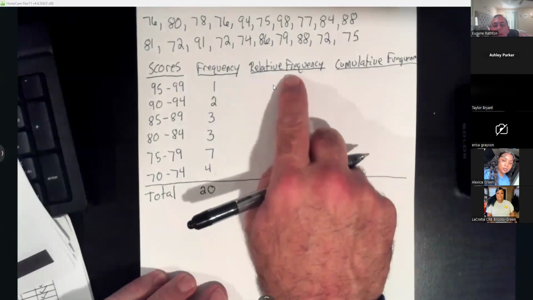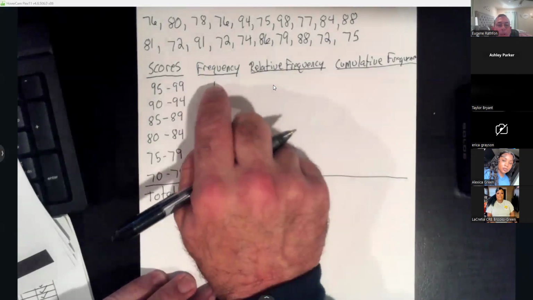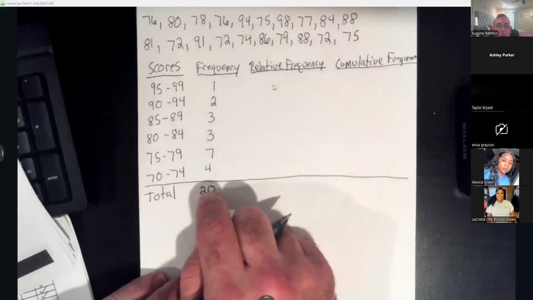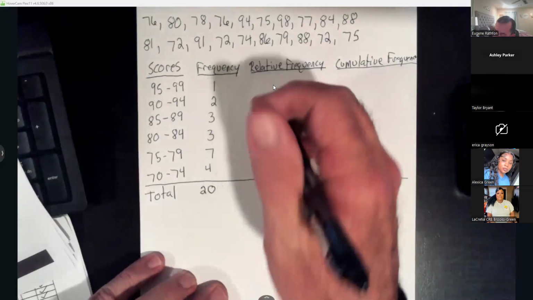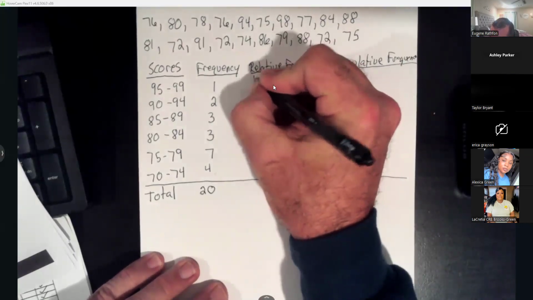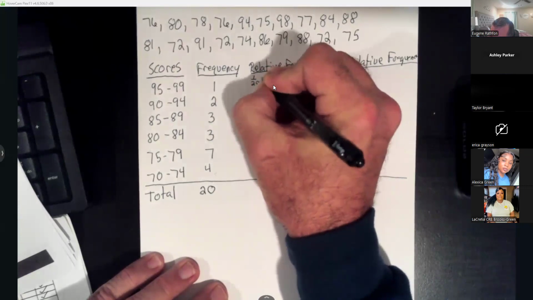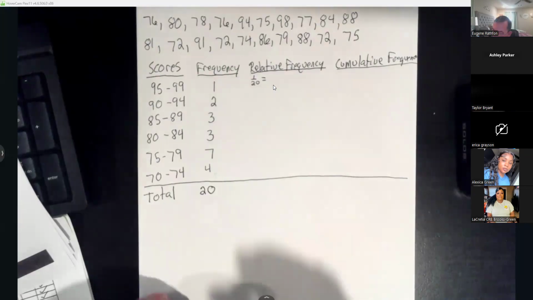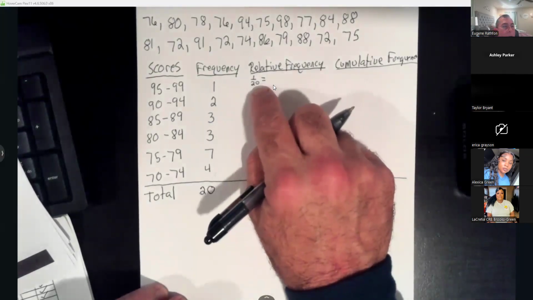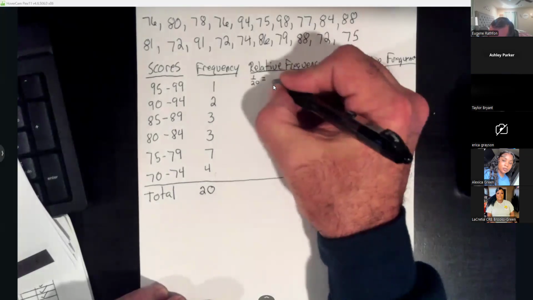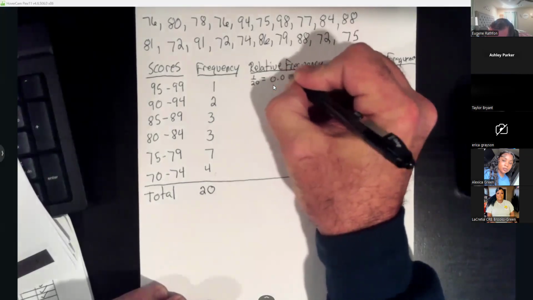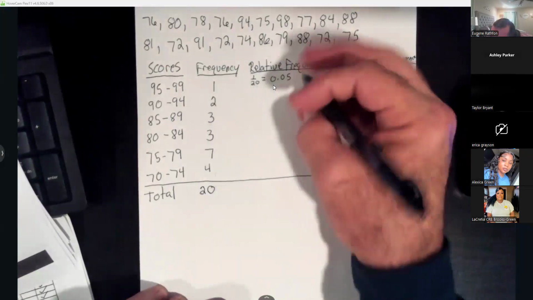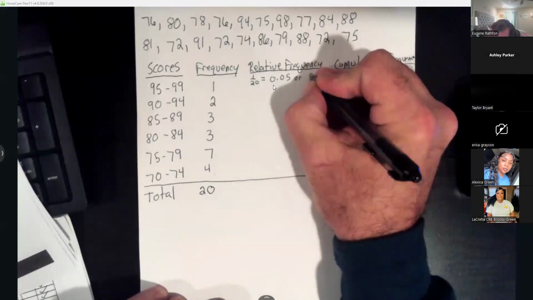Now, to figure out the relative frequency, we're going to take the frequency and divide by the total, which was 20. So for this one, to find that, we would figure out what 1 divided by 20 equals. So y'all, if we punch that on our calculator, 1 divided by 20 is a 0.05. Good job. So we could say 0.05, or that's 5%.